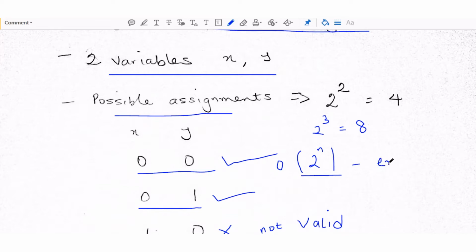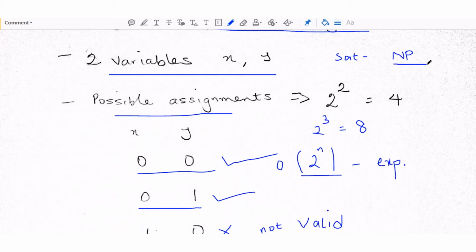Because this is exponential, we say that the satisfiability problem, or SAT problem, is in NP, because to be able to get a satisfying assignment, the complexity in the worst case runs in big O of exponential.